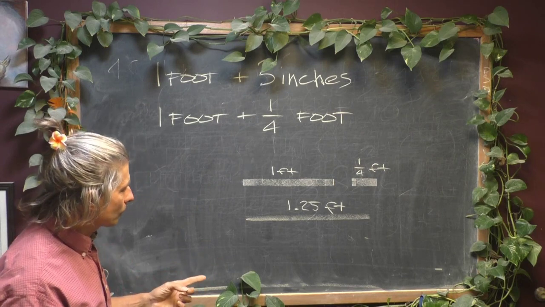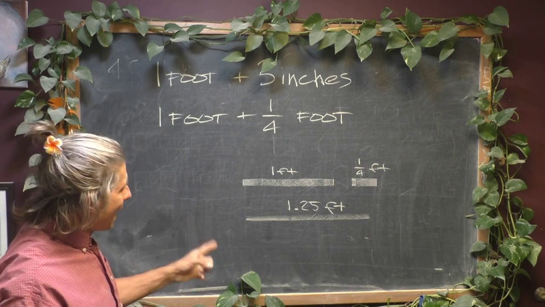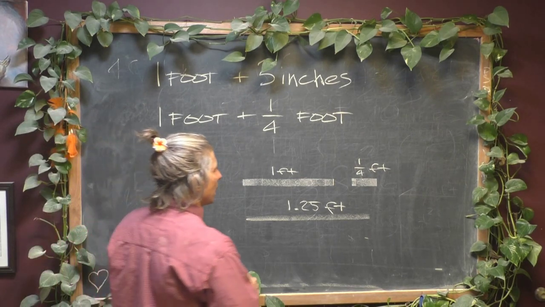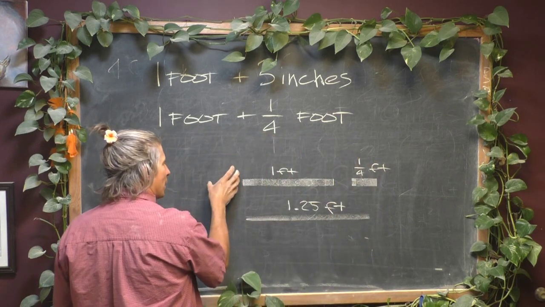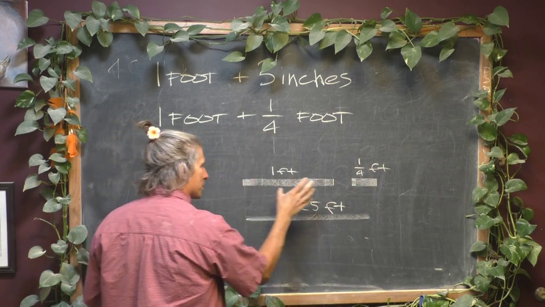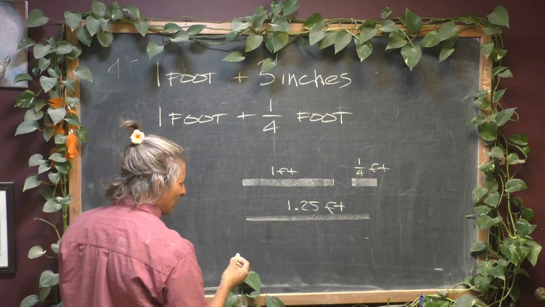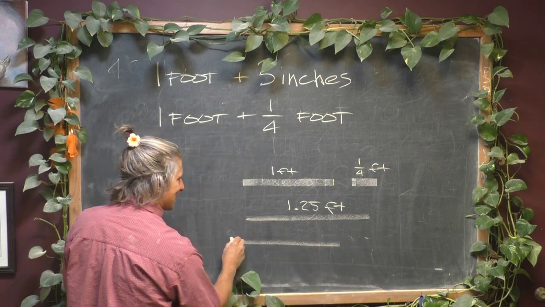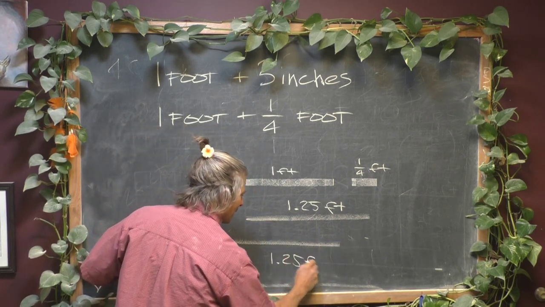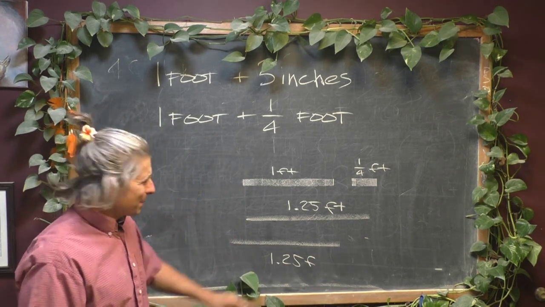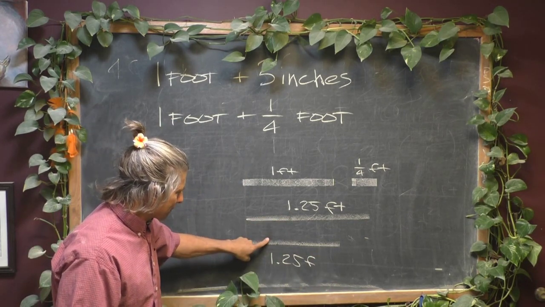Now, would it matter if we had added the quarter foot on this end versus this end? Well, you could maybe visualize it as being shifted over a little bit, but isn't the end result the same?